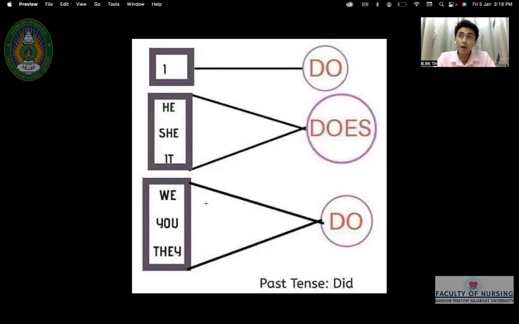Now, if we're going to talk about the plural or something that's a lot, you use the verb do. So you use we do, you do, they do. Okay, I do, or if you want to use a complete sentence, I am doing some work right now. Okay, he is doing something right now. But if you want to be in the simple present, he does something today, she does something today, or I do something today, or we do something today.